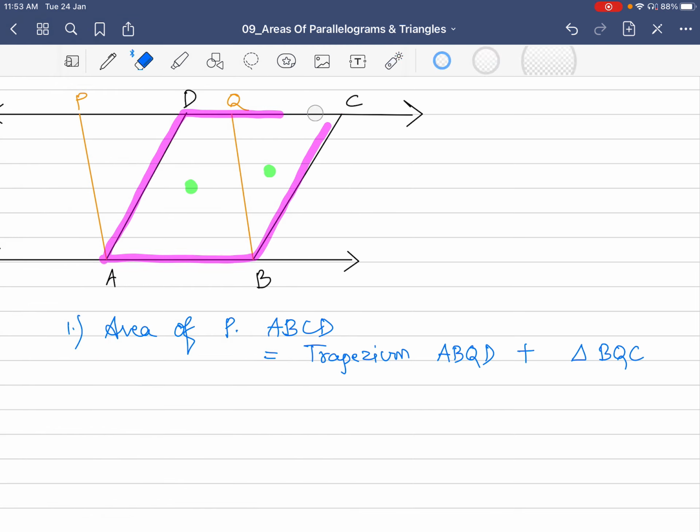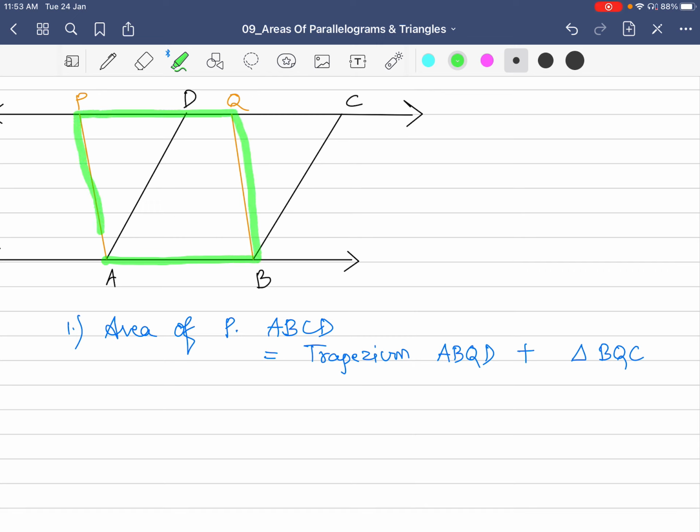Similarly, if you focus on this parallelogram ABQP, it also consists of two figures. This is figure number one, this is figure number two. So I'm going to make a note of that.